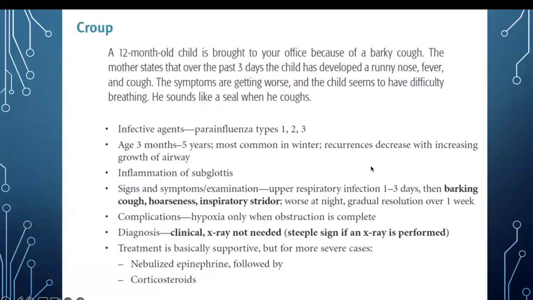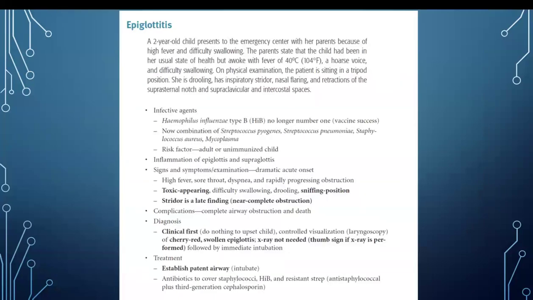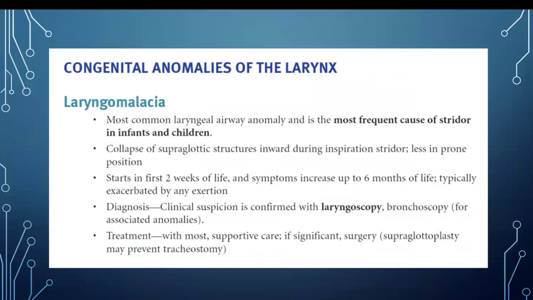Respiratory conditions: most of the things we have discussed already, especially croup and epiglottitis. Remember one other thing, laryngomalacia. Laryngomalacia is the most common cause of stridor in infants. It's a laryngeal anomaly, and in this case the children will have a loud cry.